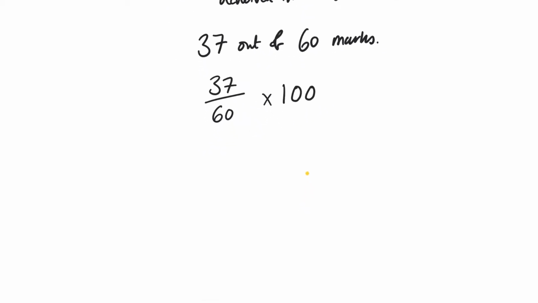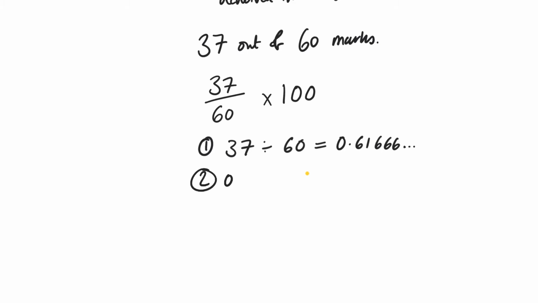Now, when you do this in your calculator, I would do it as a two-step process. So the first sum I would do to figure this out is 37 divided by 60, and then I would write down equals, and it's going to give you 0.61, and there's going to be lots of sixes. And then the second sum you want to do is take your 0.61666 and then times that by 100, and that is going to give you 61.666.